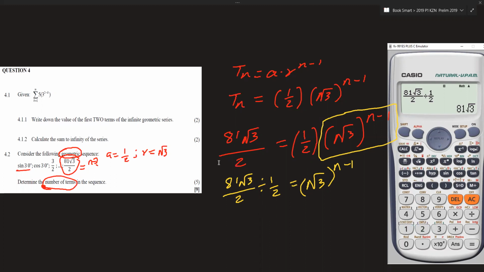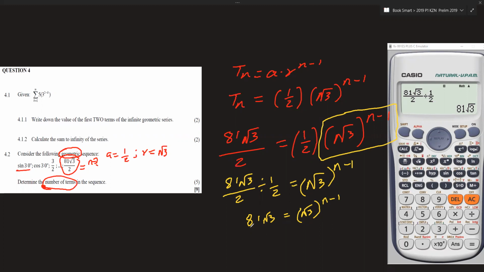This becomes 81 square root 3, which is equal to square root 3 to the power n minus 1, right? So now that part is isolated. There are many ways to do this. Let me show you both ways actually.